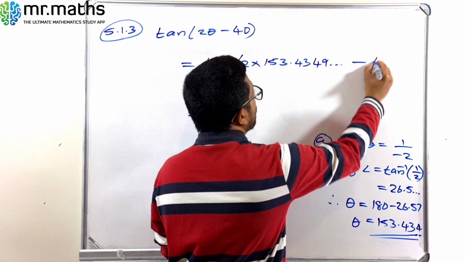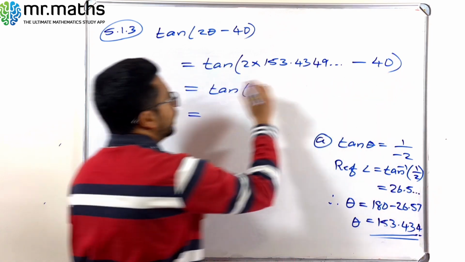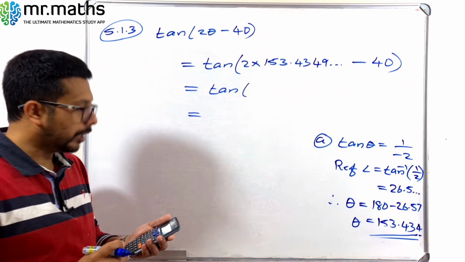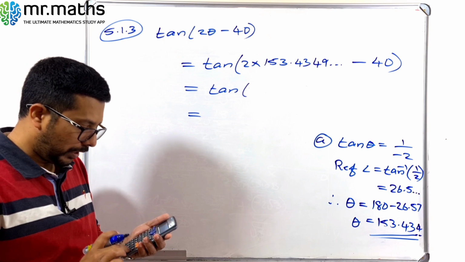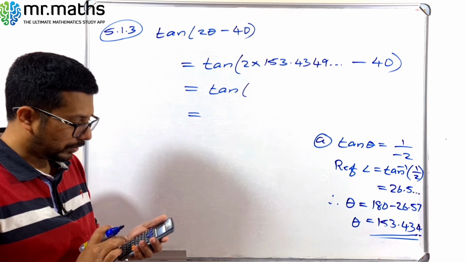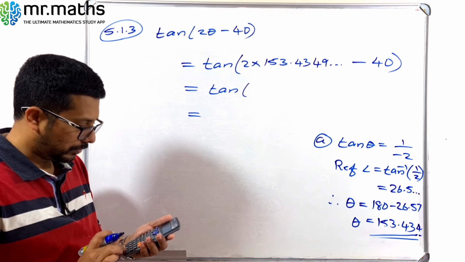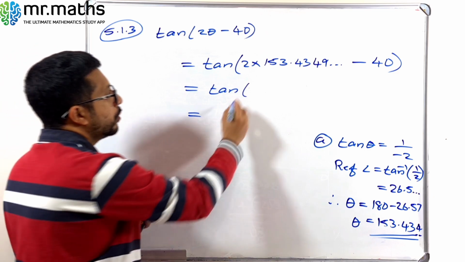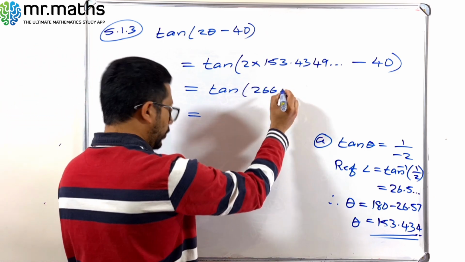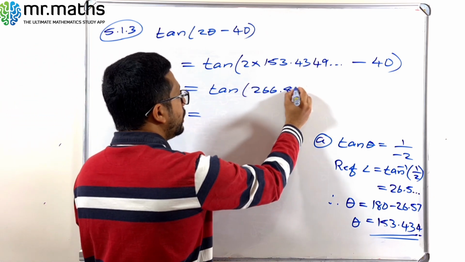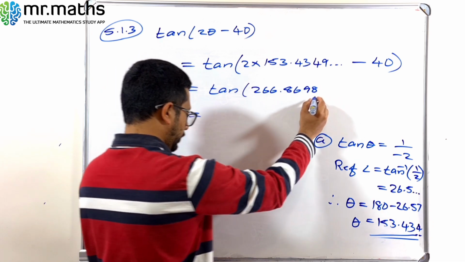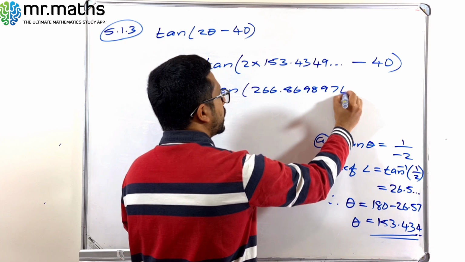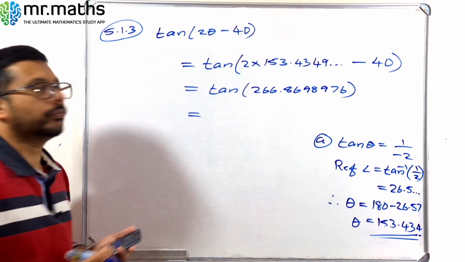Minus 40. Then check with that full number, so it is times 2 minus 40. So it is 266.869896. That's the full number.